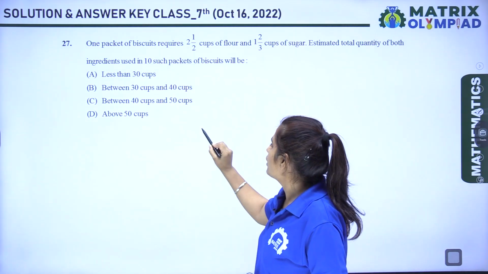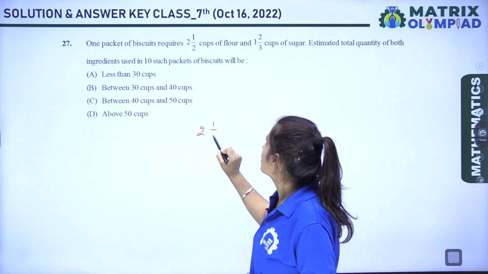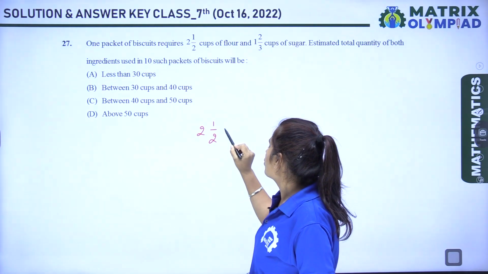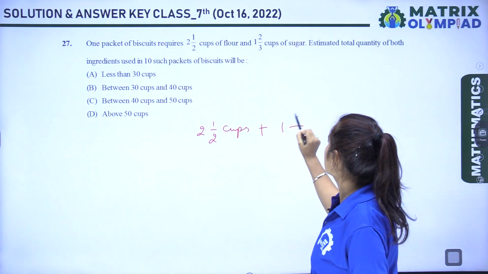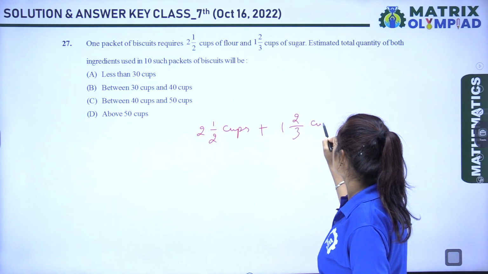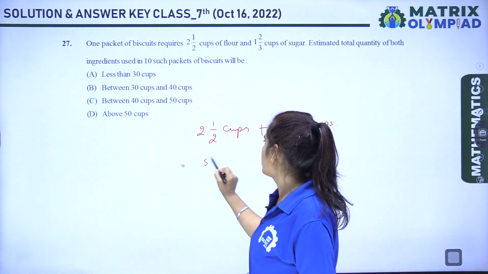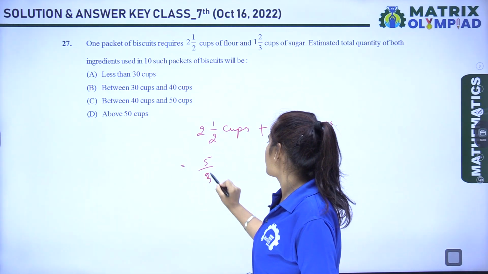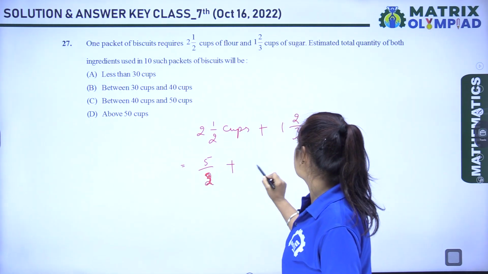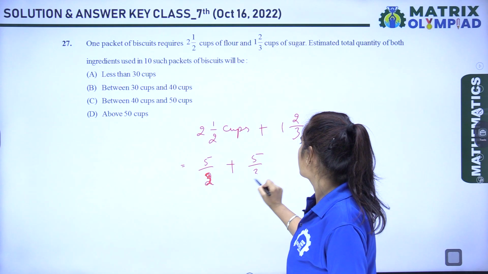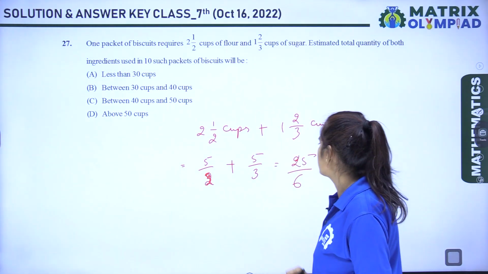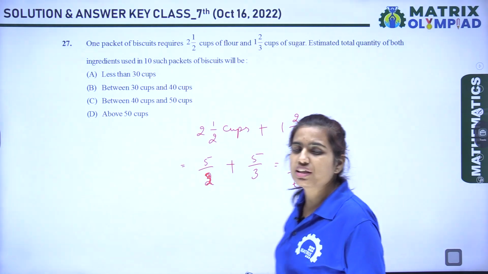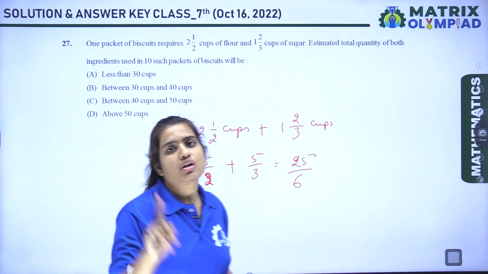So let's calculate first. 1 upon 2 cups plus 2 upon 3 cups. Now here we get 5 upon 2 plus 5 upon 3. So we get 25 by 6. So 25 by 6 is the total quantity that is used in 1 packet.